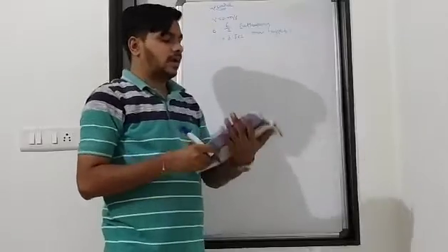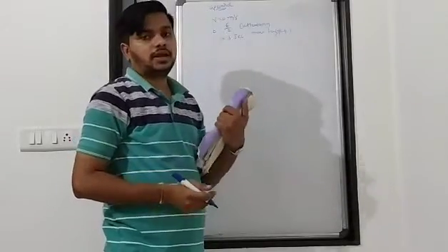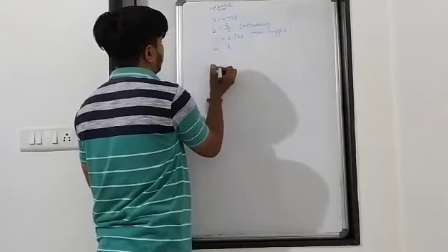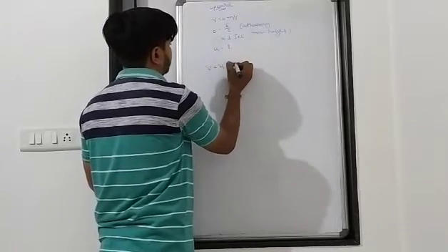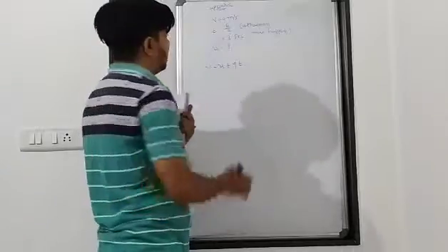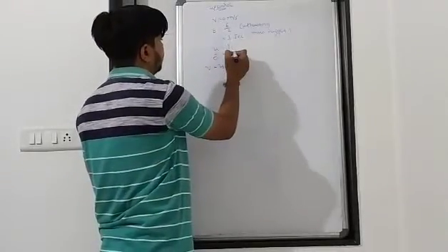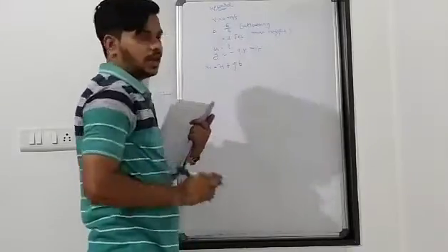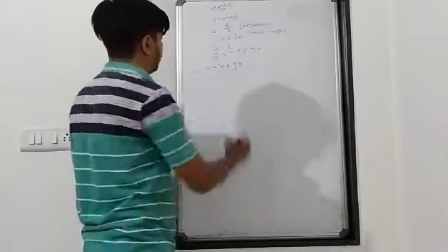Now, with which velocity is it thrown? Then you have to find u with the help of v is equal to u plus g t, where g, since it is moving in the upward direction, is minus 9.8 meter per second square. So you use this value and this equation for the first one.